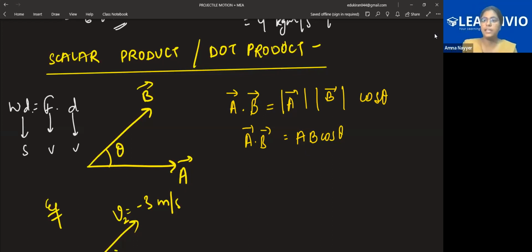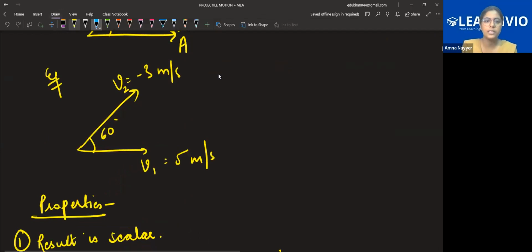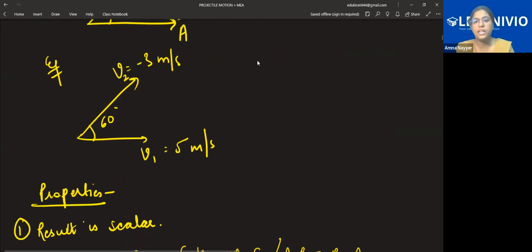For example, I'll give you this example. This is V1 vector dot V2 vector. Both of these are vectors. So take the magnitude of the first vector. This is -3. So I have to take the magnitude. That will become 3. Multiplied by the second vector's magnitude. This is +5. It will be 5.